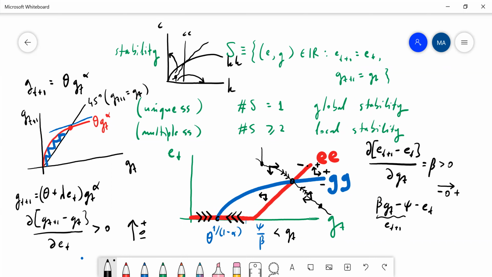If I'm out of equilibria, I will always move away, like this. Okay. So that's it.